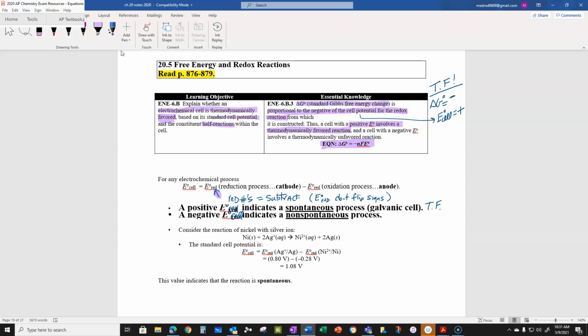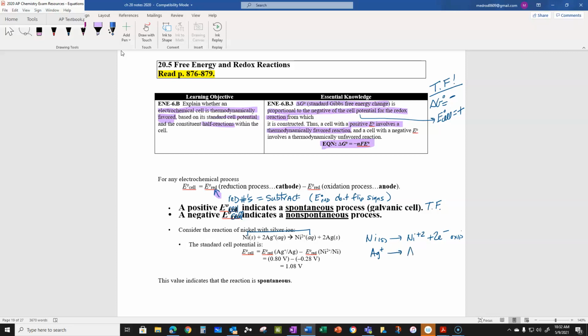So if I have this right here, consider the reaction of nickel with silver. I want you to see the nickel solid going to nickel plus 2, and that means 2 electrons, it was oxidized, okay, oxidation's occurring there. And for my silver, Ag, now remember, do not bring these coefficients down when you're doing the half reactions.